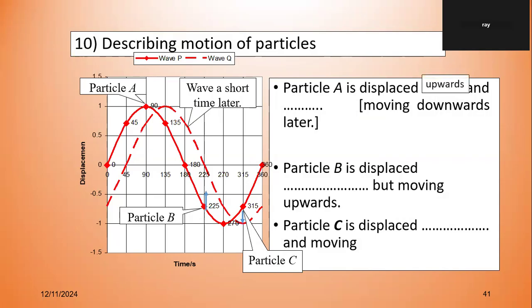So it displays upwards. And how will you describe the motion of the particle? What do you mean, motion? Stationary. You can think of your displacement angle graph, same as the displacement time graph. So at the maximum point, the velocity is 0, so it's stationary. But the next stage is it's moving downwards. How about particle B?